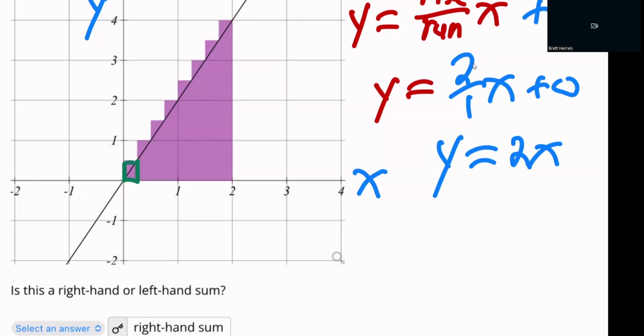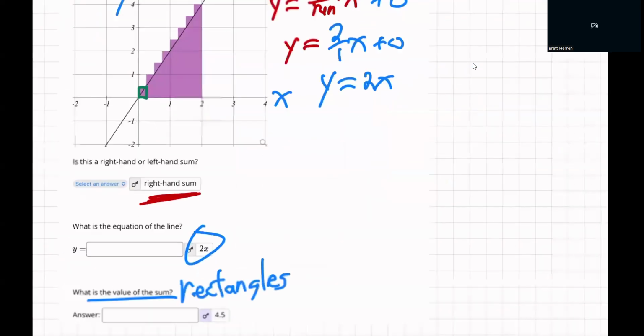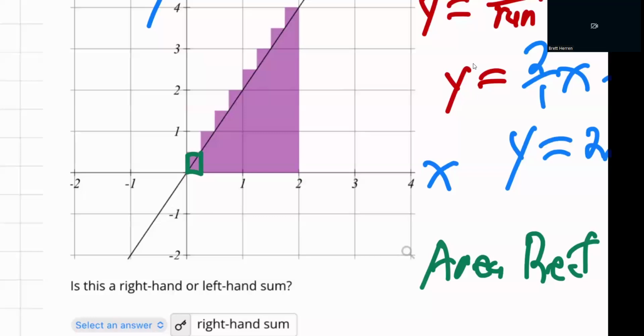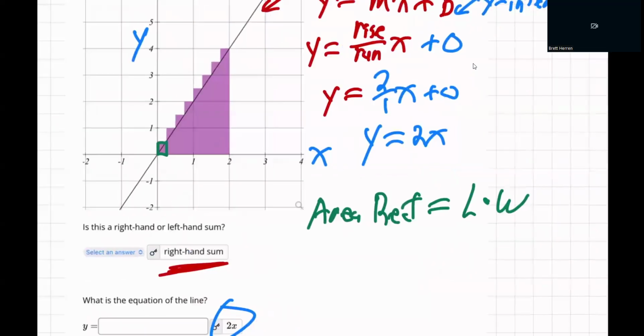What's the area of a rectangle? We have a whole bunch of rectangles here. What's the area of any one rectangle? It's just length times width, one side times the other, base and height, whatever we're going to call it. How tall is that rectangle? Looks like it comes up to a height of 0.5. It goes halfway up. And what's the width?